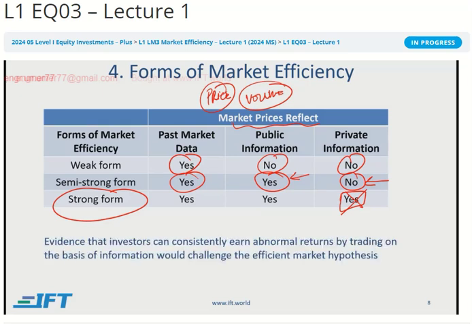So evidence suggests that in reality, the markets never really get to strong form, and to be honest, they don't even get to semi-strong, because there are always possibilities of earning abnormal returns, and this challenges this hypothesis of efficient market. Now, it's not like the markets are completely inefficient.